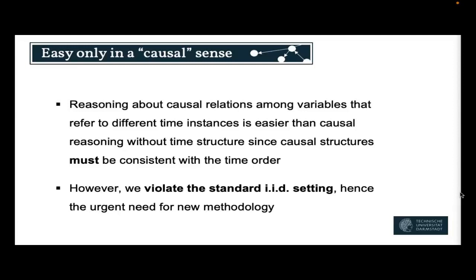Well, if you would now visit a group like Moritz and I did, for example, Professor Runge's group at TU Berlin, I mean, they are just the best when it comes to causal modeling or time series. They would tell you, well, it's the opposite, right? It's super difficult. And yeah, that's true. Why? Because we immediately violate the standard IID setting, right?